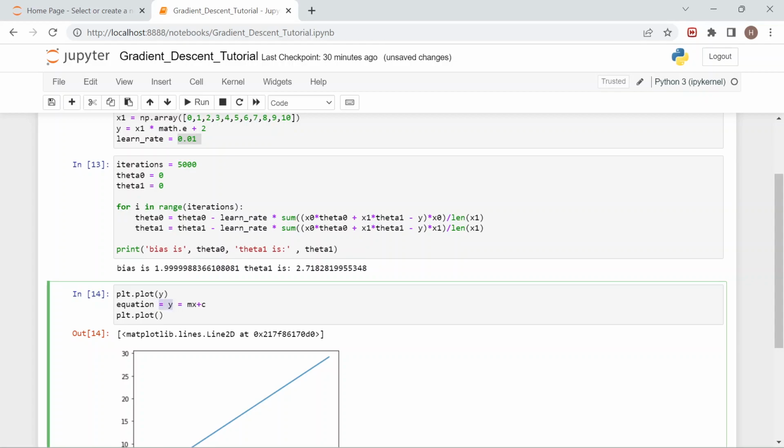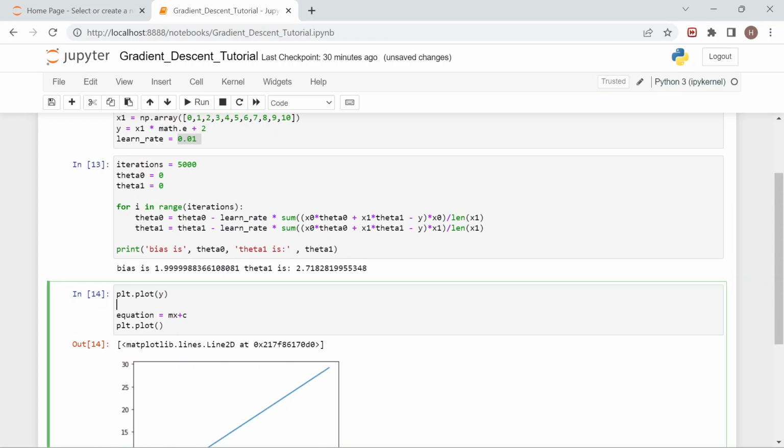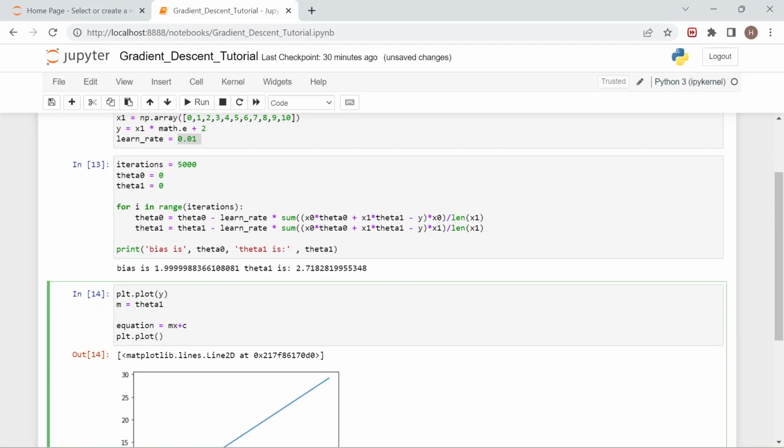So m equals our theta 1, c equals theta 0, and then m times x1.